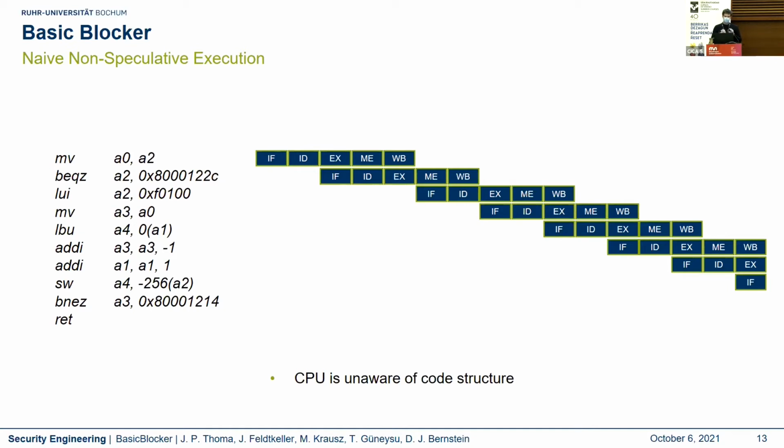And the problem here is that the CPU is really unaware of the general code structure, and we only know the current instruction in the current execution stage, or wherever we are at the moment.